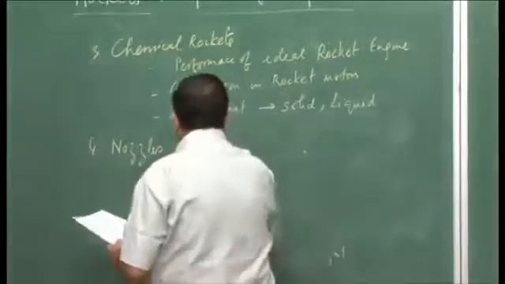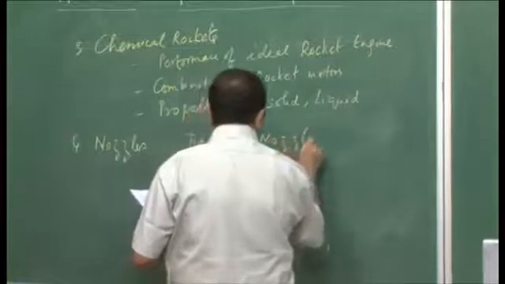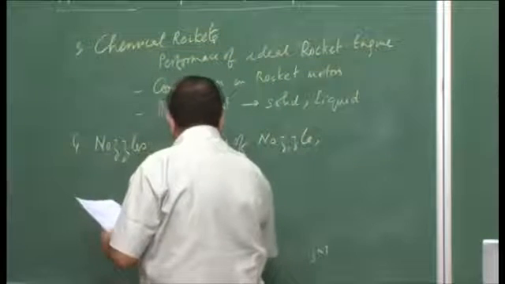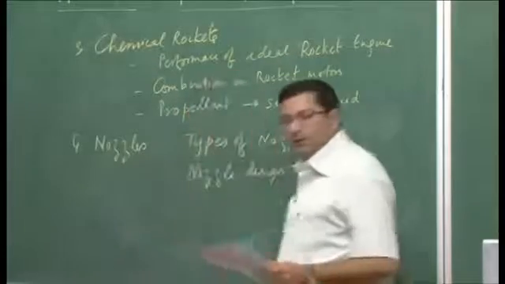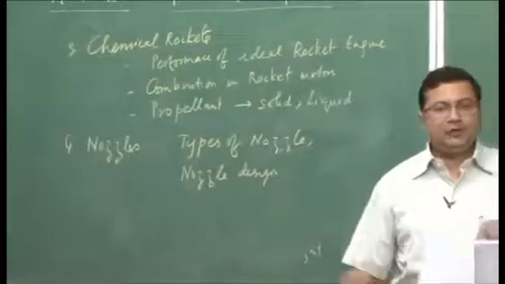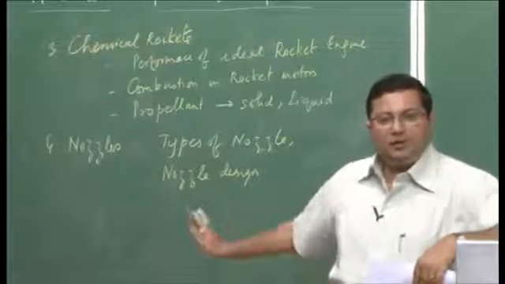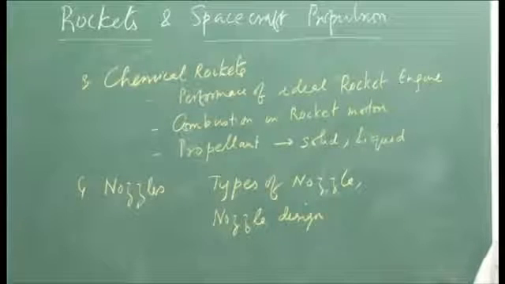We will talk about the types of nozzles, we will talk about nozzle design, because we can have a very good rocket combustor, but if your rocket nozzle is not a good design, you will not be able to produce enough thrust.